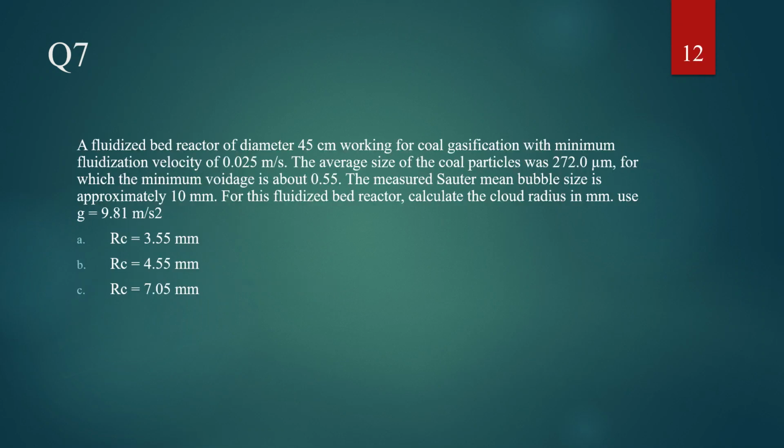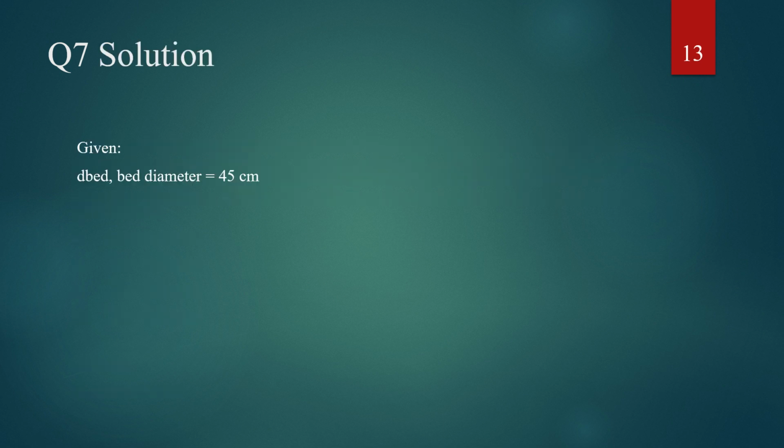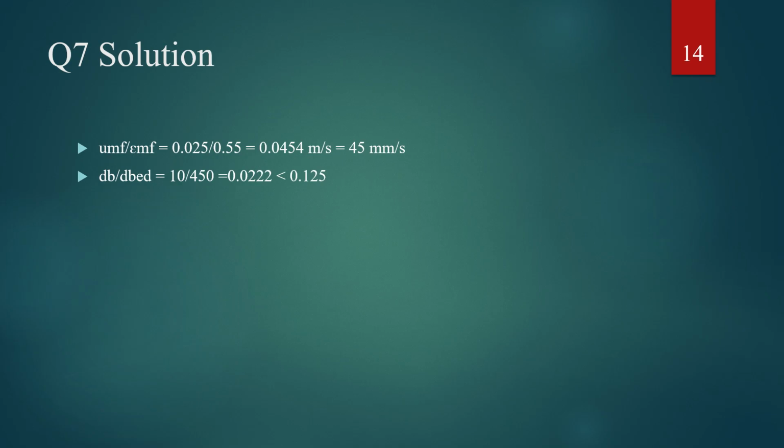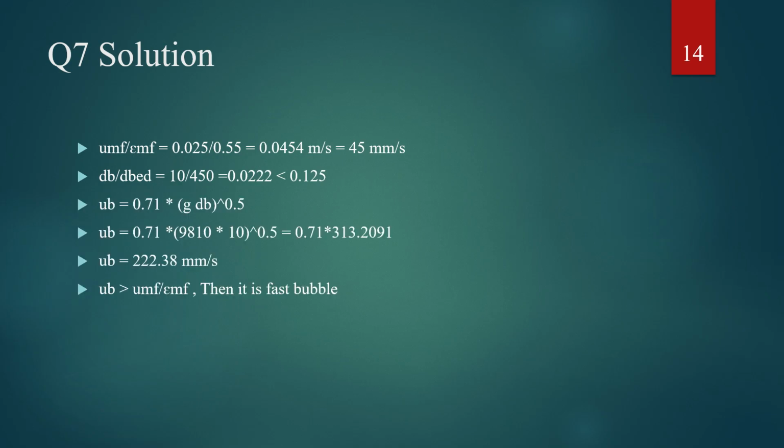This is a very straightforward problem. And the next one, we need to find the radius of the cloud. To find that, first we found out UMF by epsilon MF, and then we found out UB. Since UB is greater than UMF by epsilon MF, this falls under the category of fast bubbles. So for finding out UB, we used the method similar to the last problem.